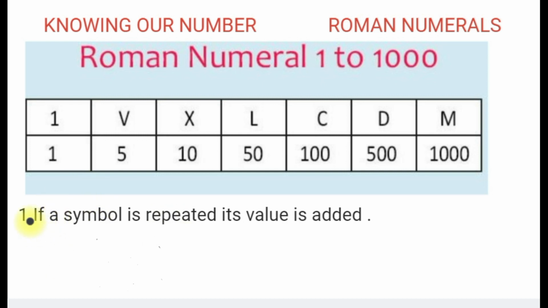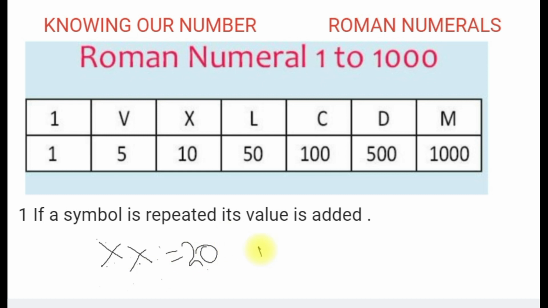The first rule is: if a symbol is repeated, its value is added. Means if we write X, X, it means 2 times X, 10 plus 10, which is 20. As one X represents 10, the values are added and this becomes 20.